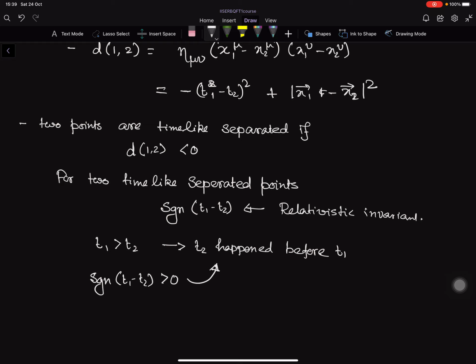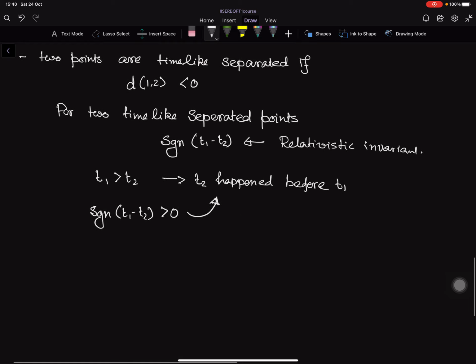Okay, because t1 minus t2 itself is not relativistic invariant, but the sign of the quantity is relativistic invariant, which means that for such points there is an unambiguous notion of time ordering.